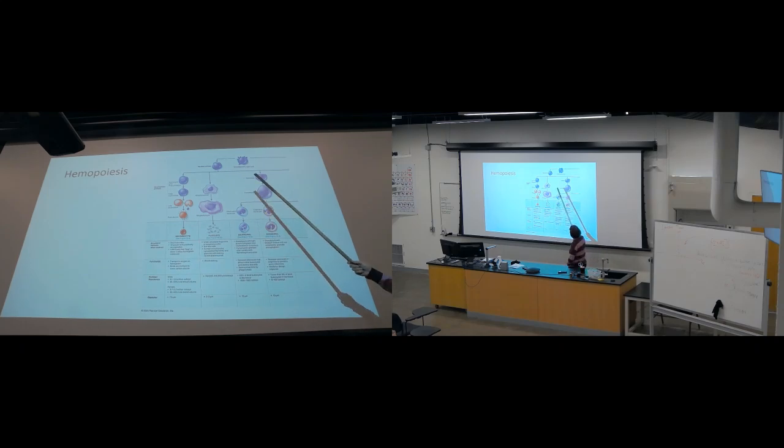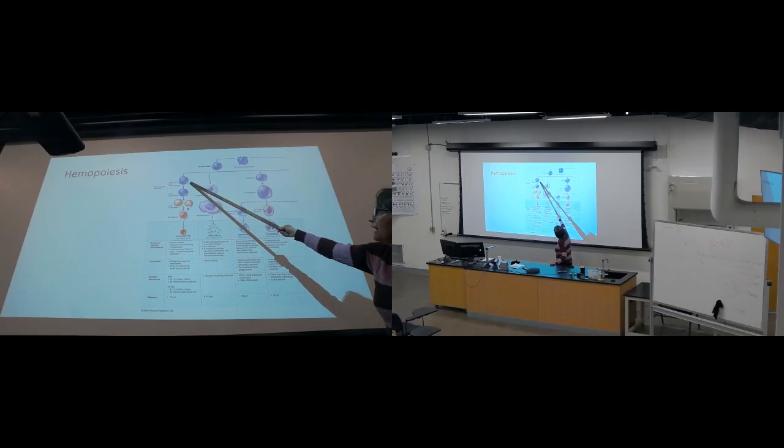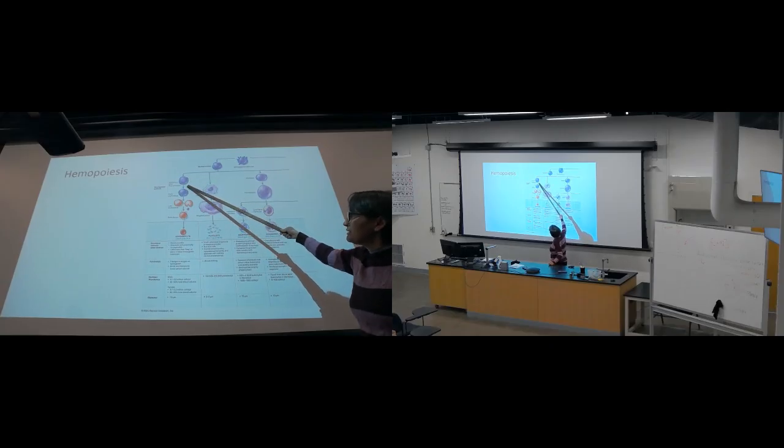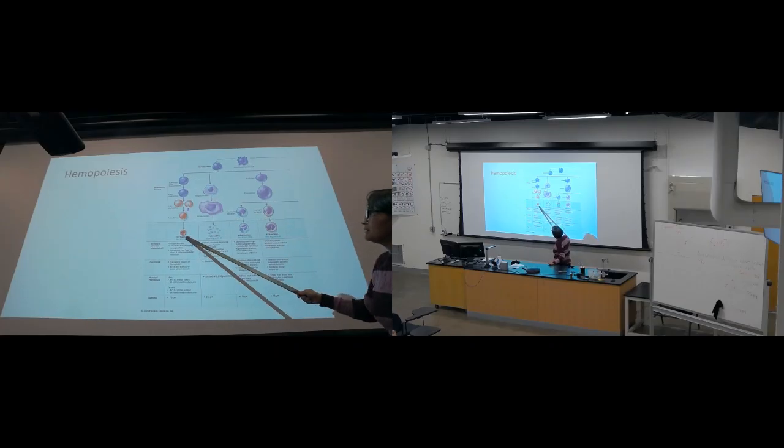So, the hematopoietic stem cell can subdivide into a lymphoid cell line cell and a myeloid cell line cell. This myeloid cell line cell is going to give you an erythroblast or proerythroblast that is going to become an erythrocyte.